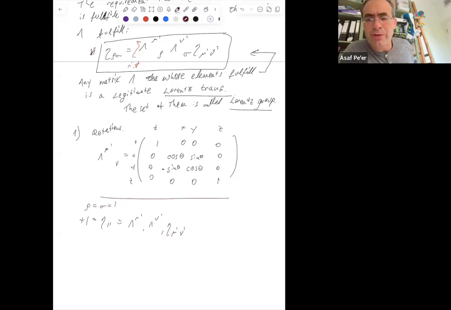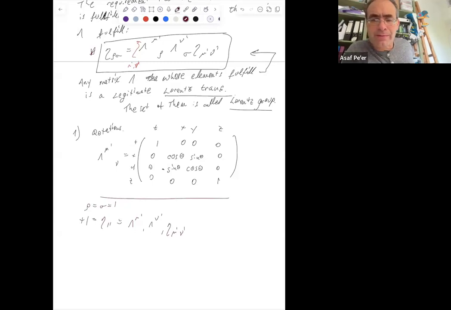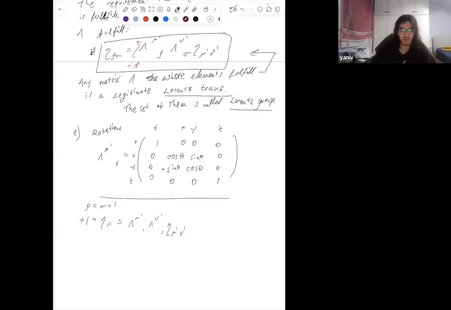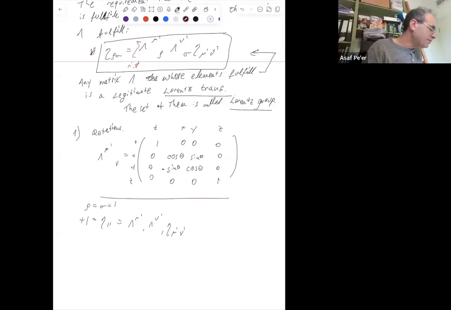So mu prime has to be equal to nu prime, otherwise everything else is 0, so we don't care. So what happens if mu prime is equal to nu prime equal to 0? What is lambda 0,1? It's 0, so we don't care about that either.